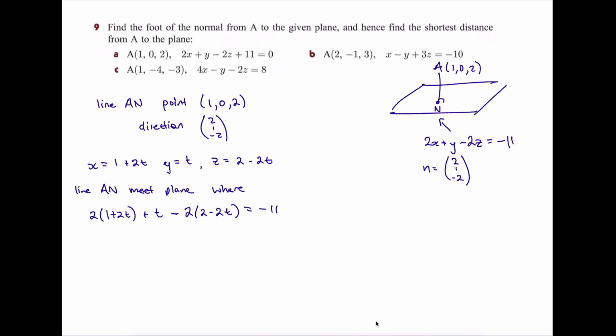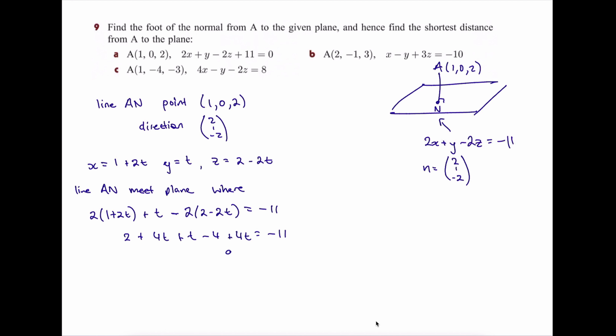Okay, so we're just substituting the points from those parametric equations from the line, putting it into the plane, so that we're saying, right, for this to be true, we should now be able to simplify that for t. So we're going to get 2 plus 4t plus t take 4 plus 4t equals negative 11.